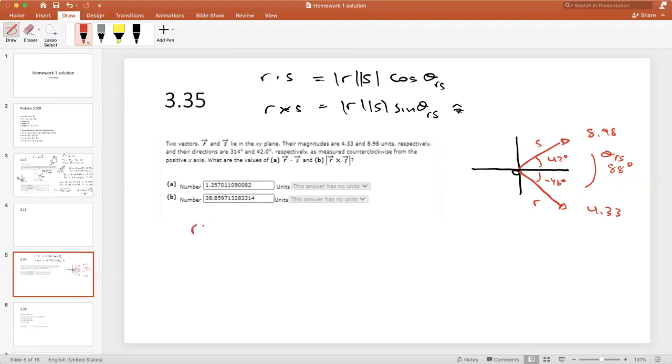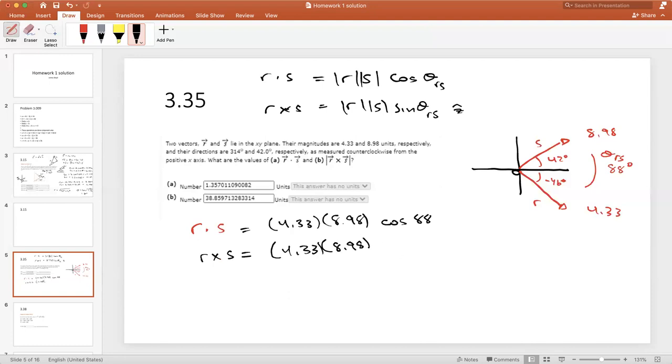All we have to do to find R dot S is 4.33 times 8.98 times cosine of 88, and we'll get this. And R cross S is 4.33 times 8.98 times sine of 88, and we'll get that.